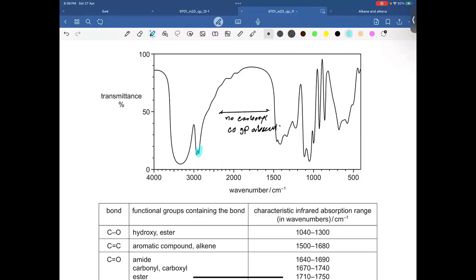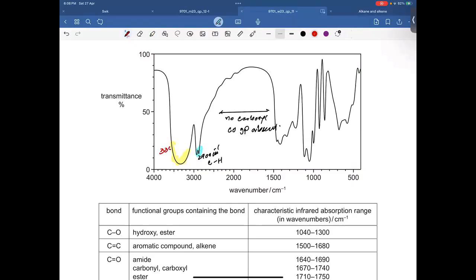Now we have this peak approximately at 2900 centimeter inverse. That indicates the presence of C-H. And we have another peak here at 3350 centimeter inverse.